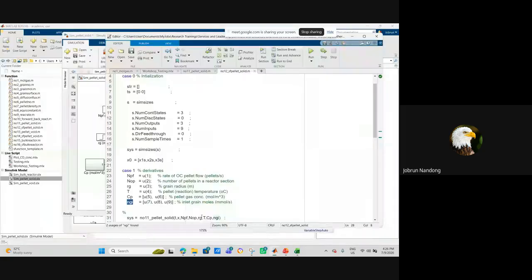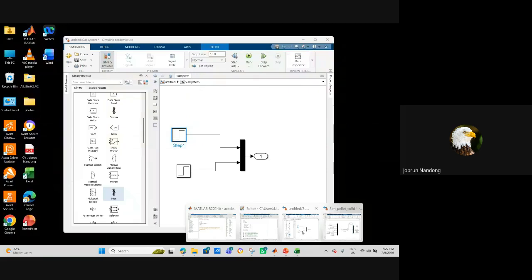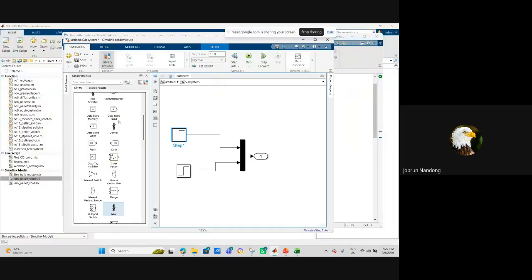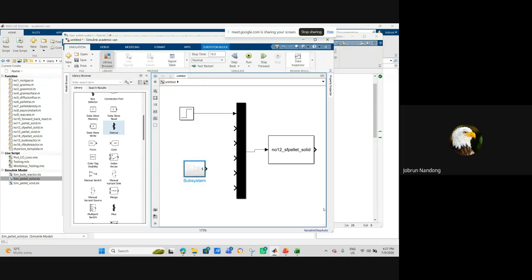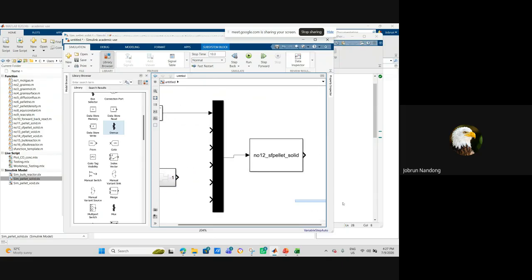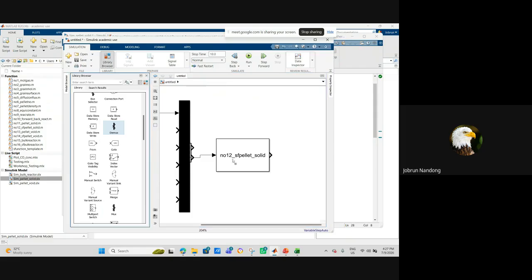Check again. Signal routing, for this one you use a demux here. To get out, you just click this part. To scale it, you just click this one. To take this out, put it there.